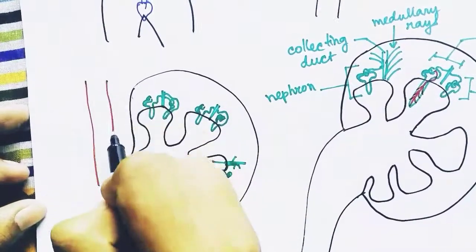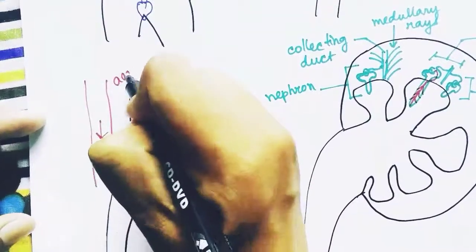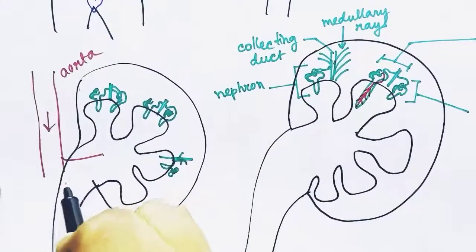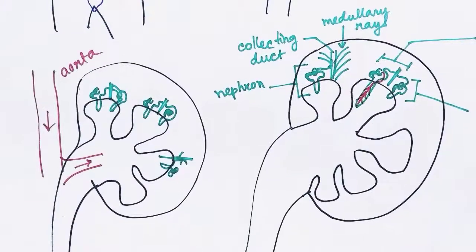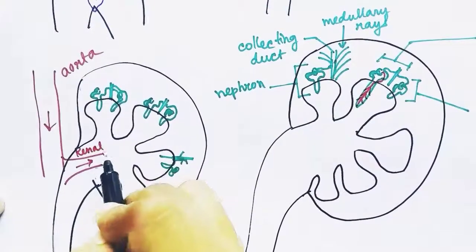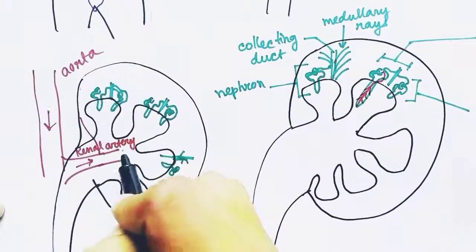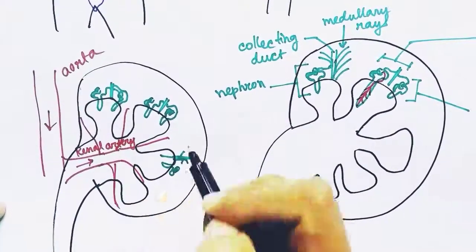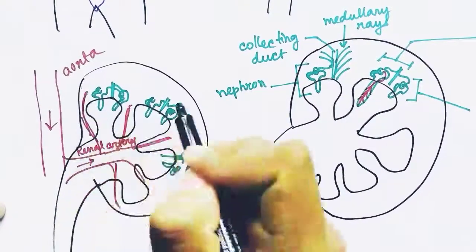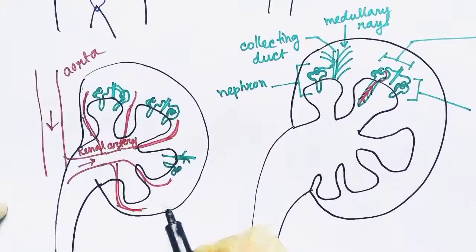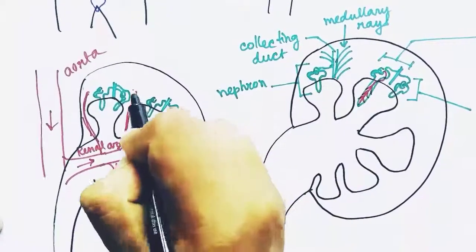Blood coming via the aorta will enter the kidney and this vessel is called renal artery. And it will divide and run between the lobes of the kidney. And this is called interlobular artery.